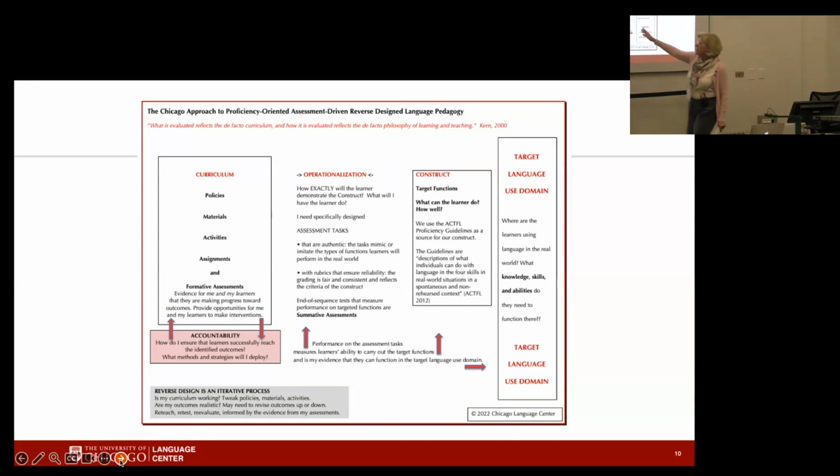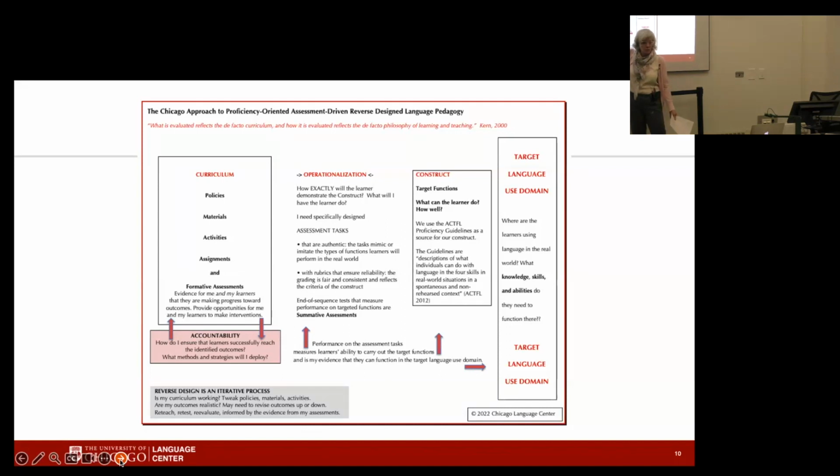So next is operationalization. And this is really where we make a distinction and where this approach is distinct. Operationalization is the point where you take your construct, say intermediate low speaking, and you create a test task that tests it.